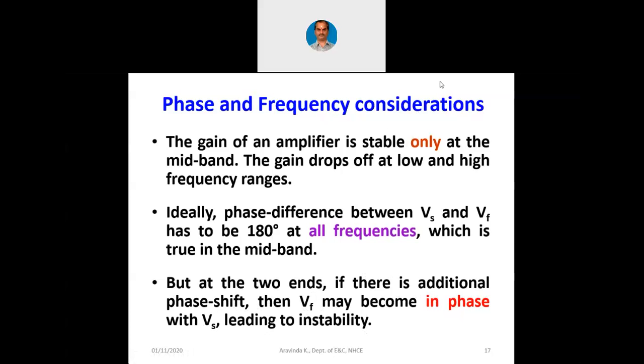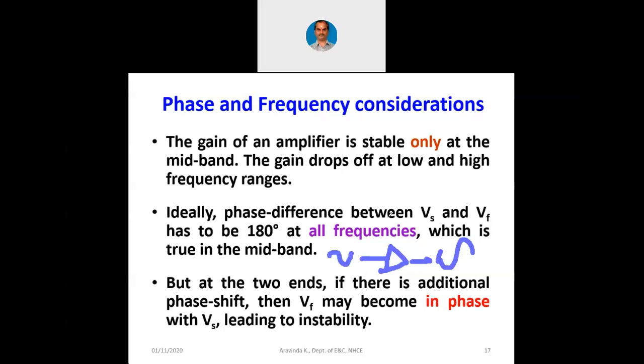Let me annotate once again. I will draw a small diagram here. What we expect is, when the input is like this, we want ideally the output to be like this.